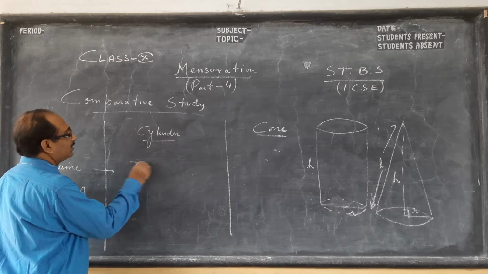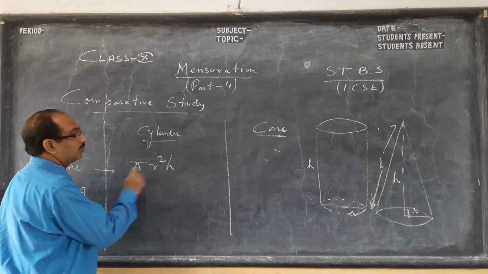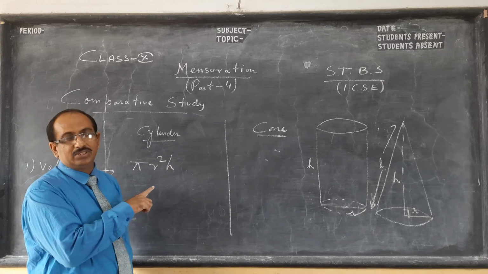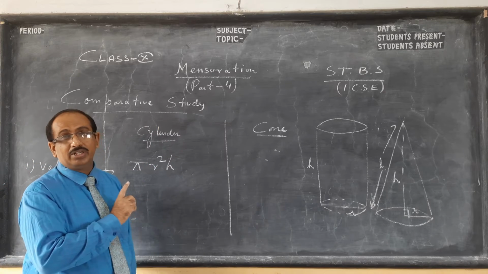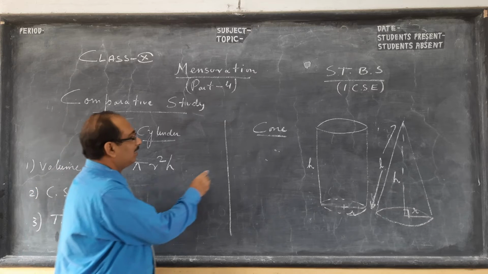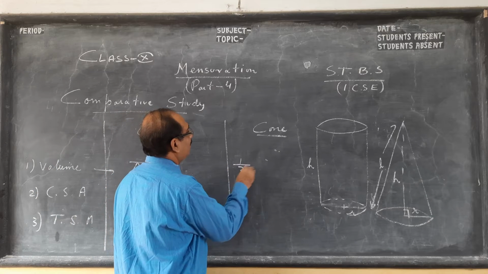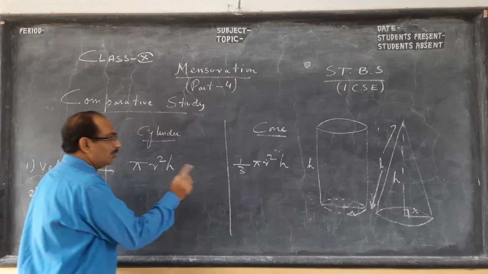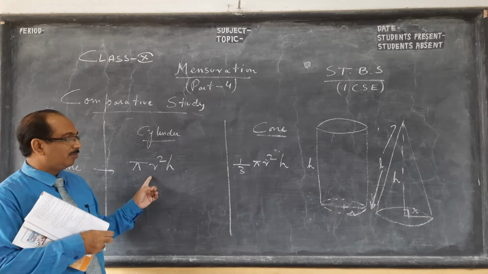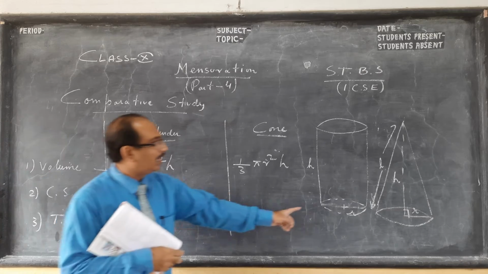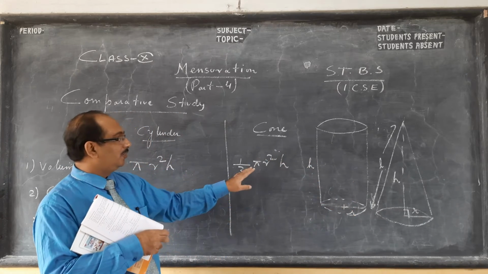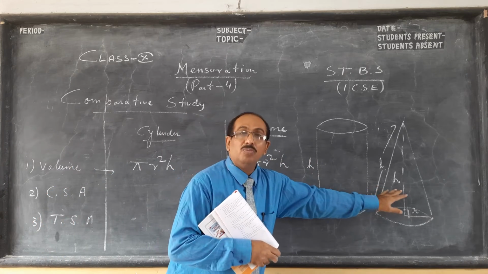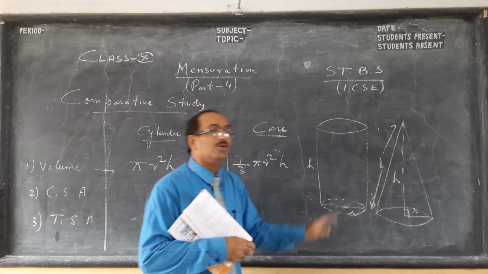Volume of cylinder, see my previous video, I am not going into the detail of this. This is my 4th video. So pi r square h, and for the cone it is 1/3 pi r square h. If the base and the height are the same, then the volume of a cone is 1/3 of the volume of a cylinder.